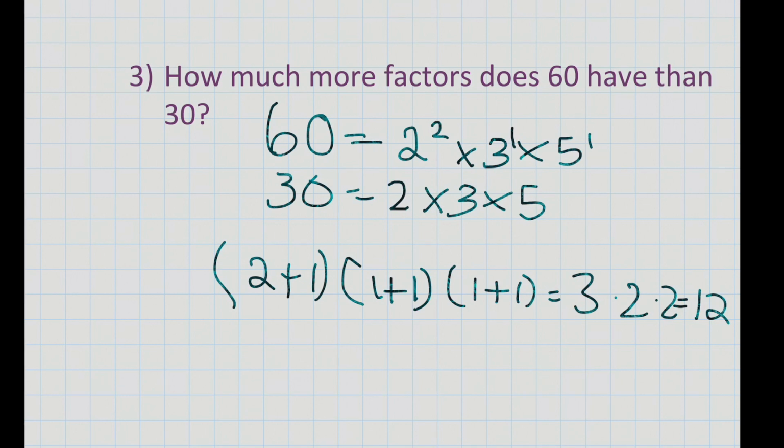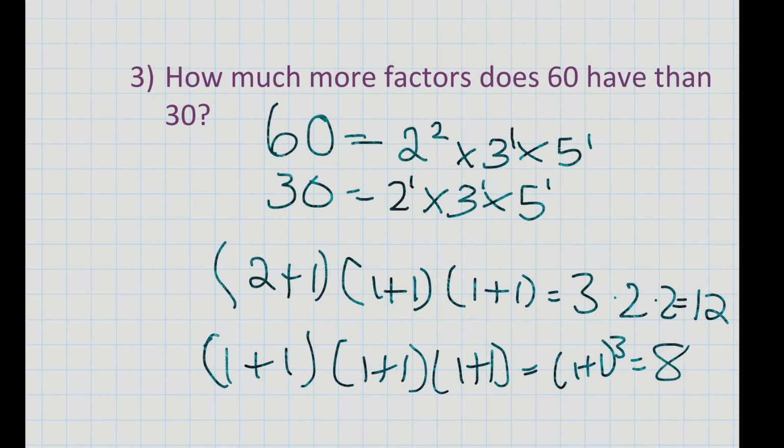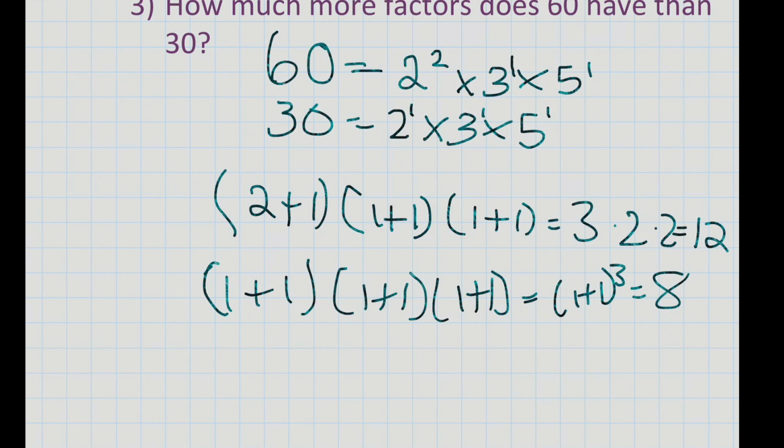Now 30 equals 3 times 10, and 10 is equal to 2 times 5, so 2 times 3 times 5. So 1 plus 1 times 1 plus 1 times 1 plus 1, which equals 2 cubed, which is 8. And now we're not done with the problem.